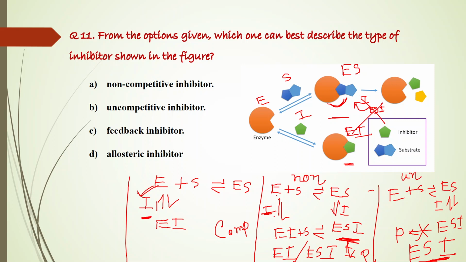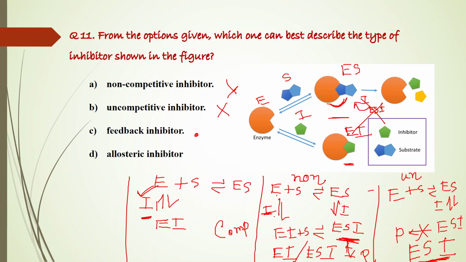But as we saw, there is no such structure in the diagram where both the blue substrate and the green inhibitor are attached to the orange enzyme. So again, it cannot be non-competitive inhibition. So we can rule out the first two options.